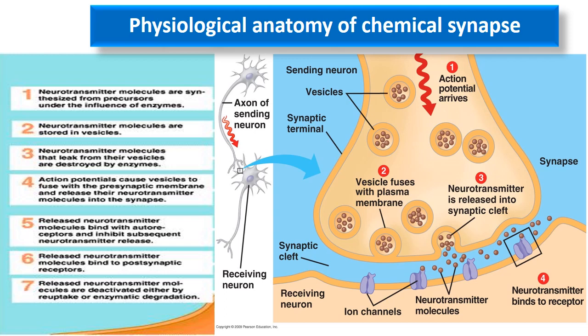The released neurotransmitter molecules then bind with the receptors, which then open up the ion channels. You can see that the ion channels here are closed, but as the neurotransmitter comes in and binds, these ion channels open and the ions move inside or outside the postsynaptic membrane. Once its action is completed, the neurotransmitter is deactivated, either by enzymatic degradation.